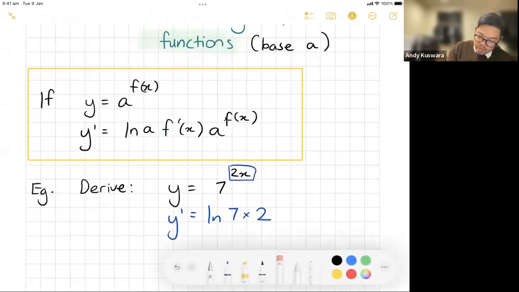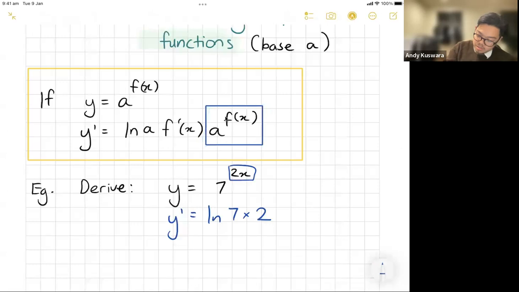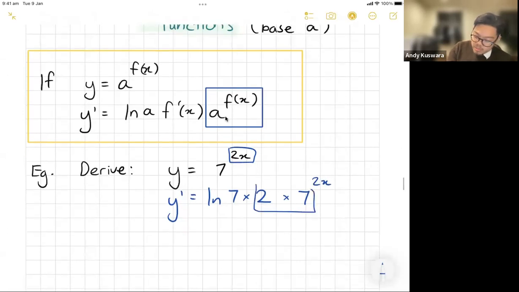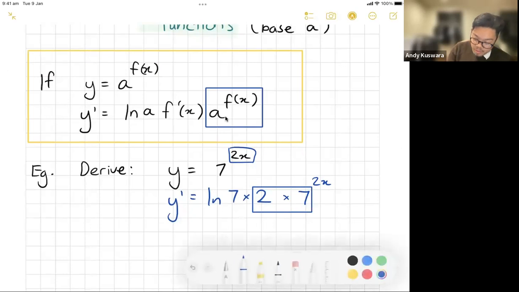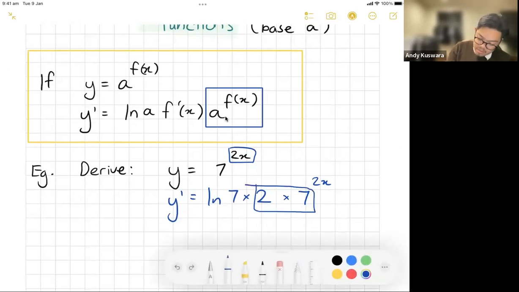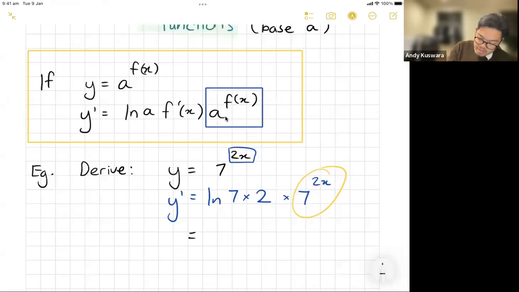And then I need to multiply it by my original function, which is just going to be 7 to the 2x. Now, as much as you attempt to multiply these two together, do not, because that 7 has its own power. It's in its own league. The best that you can do here is 2 ln 7 times 7 to the 2x. That is as good as you're going to do here.